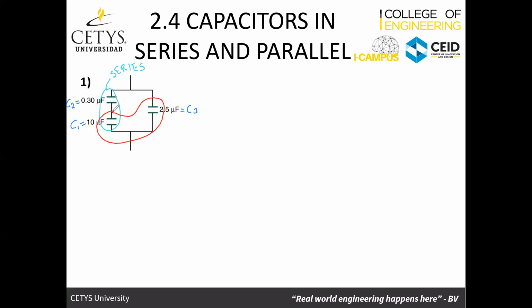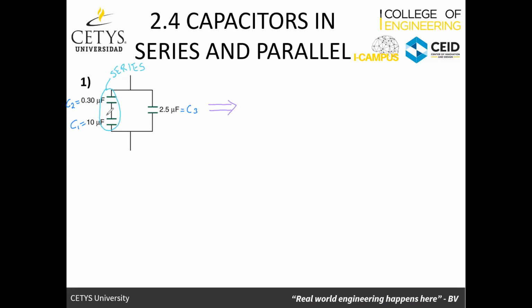So what we clearly see is that capacitors 1 and 2 are in series. So what I'm going to do right now is the following, and I'm going to ask you guys to please help me out with the calculations. We're going to be doing this step by step.